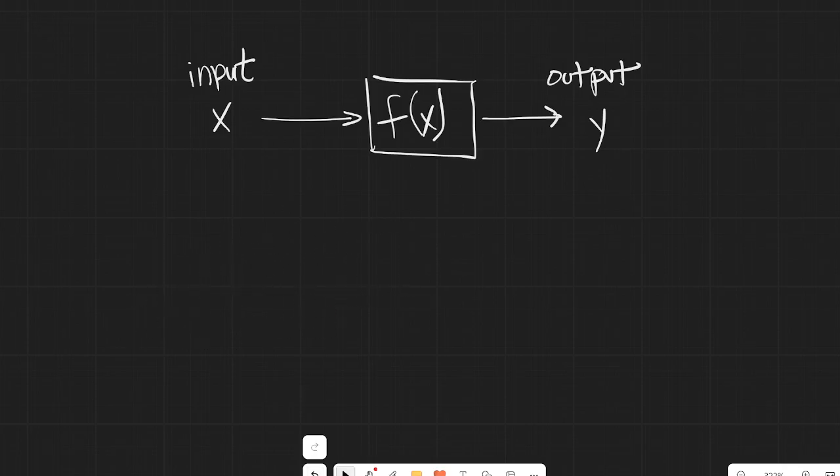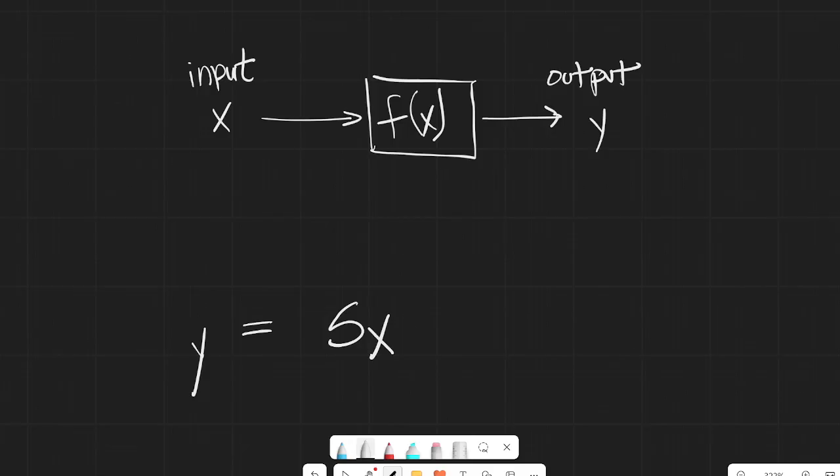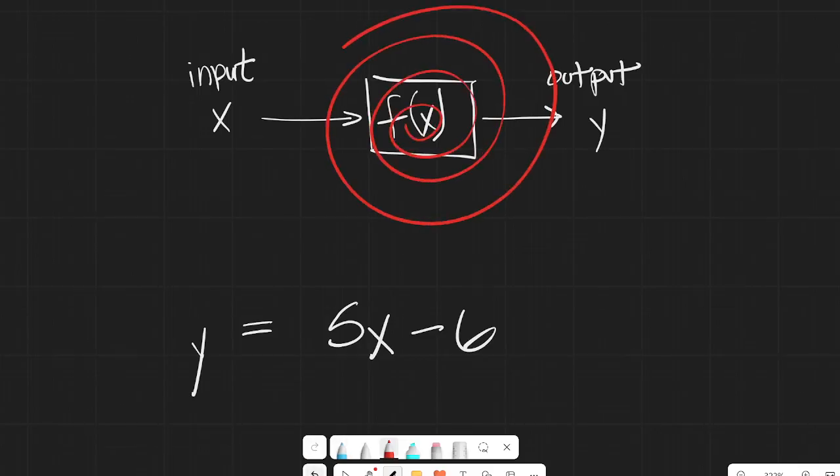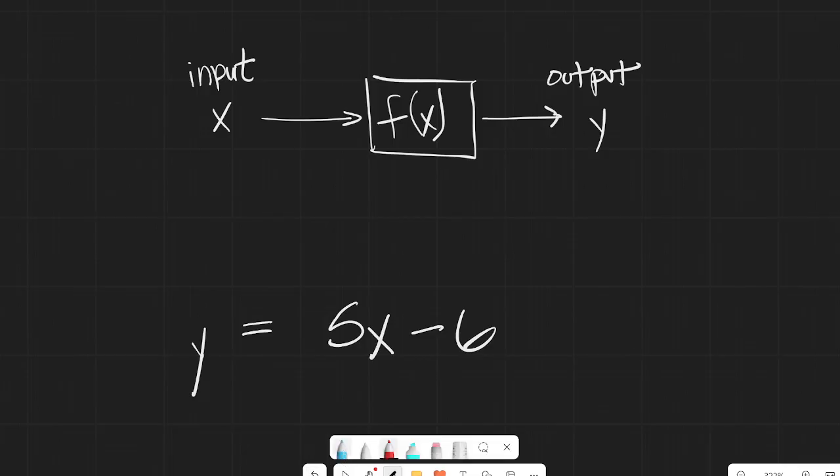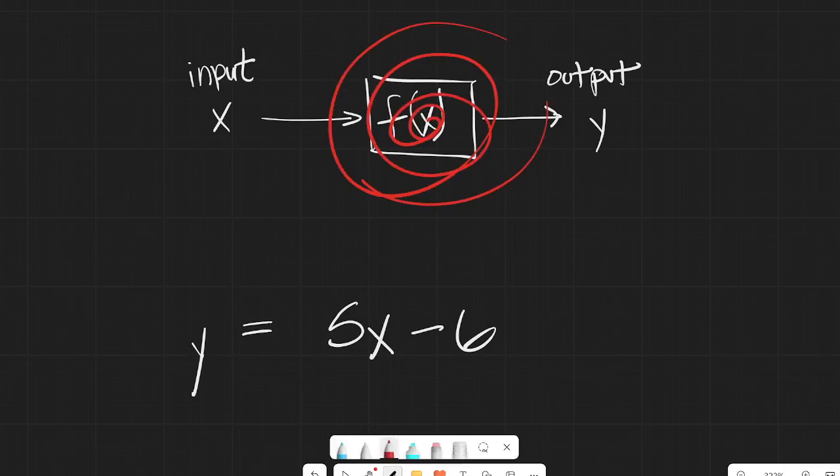In a similar manner, if we have that y equals 5x minus 6, f of x is a machine that multiplies x by 5 and then subtracts 6 from it. So it is important to think about f of x as a machine.